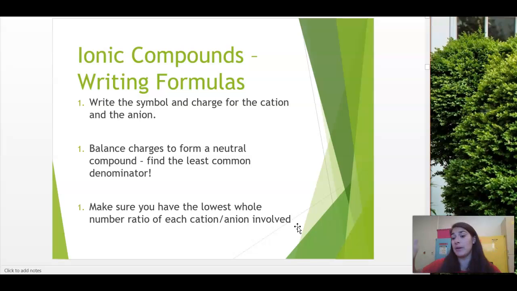So if you have 3 elements with a +1 charge, then that is +3, right? If you have 1 element with a -3 charge, then that is -3. So +3 and -3 cancel out, okay? So that's what we're talking about here, where we're balancing the charges to form a neutral compound. And it's gonna make more sense as we do it, but that's kind of what that's talking about. Your total positive charge must equal your total negative charge.